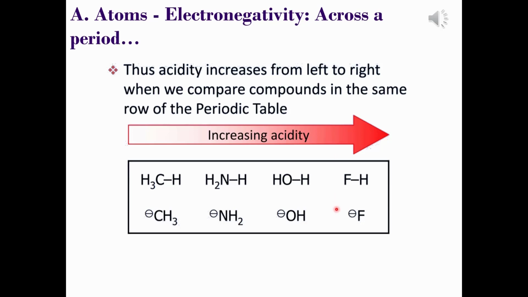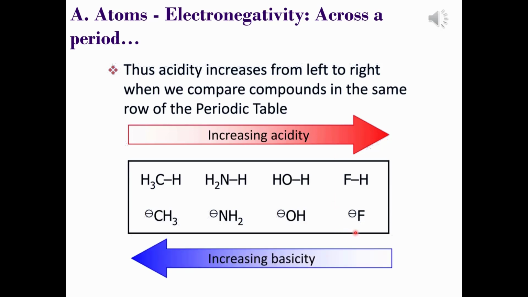Conversely, the basicity increases from the right to the left, and this is because, again, of electronegativity. The carbon is far less electronegative than the fluorine atom is, and so therefore it is a far stronger base, because the lone pair on the methanide ion is going to be much more destabilized than the lone pair on the fluoride anion.